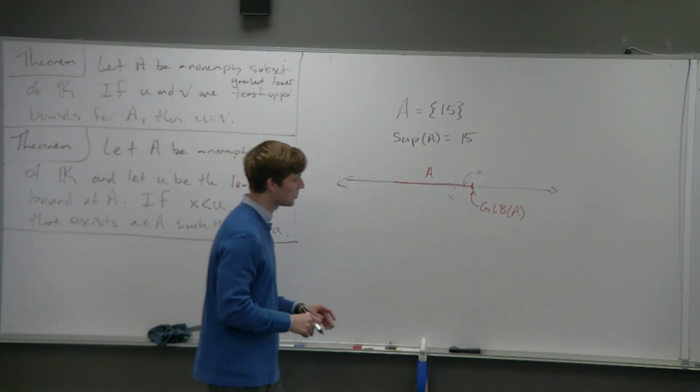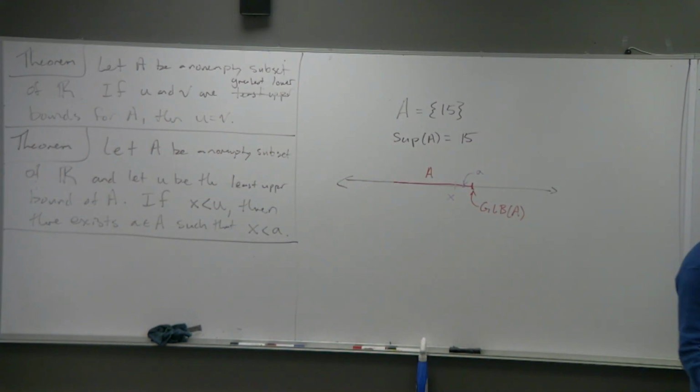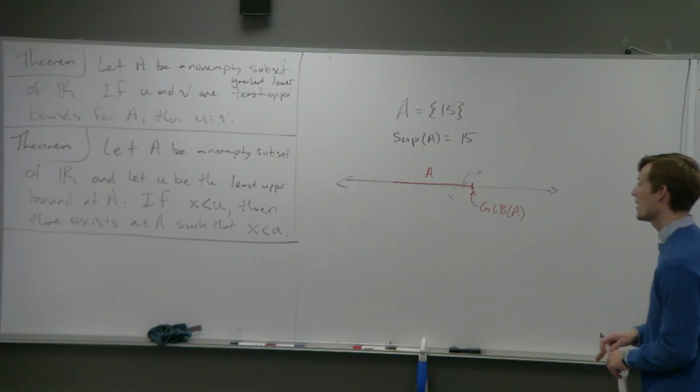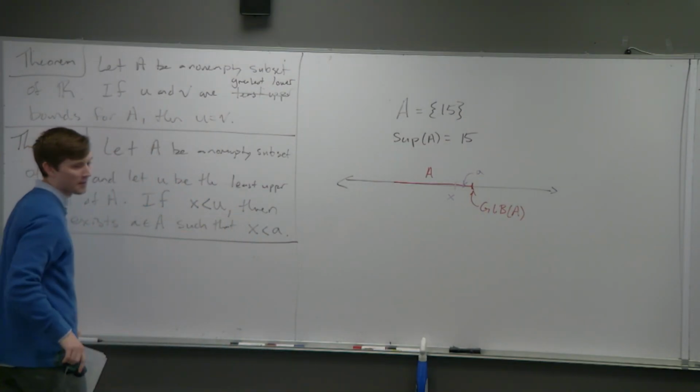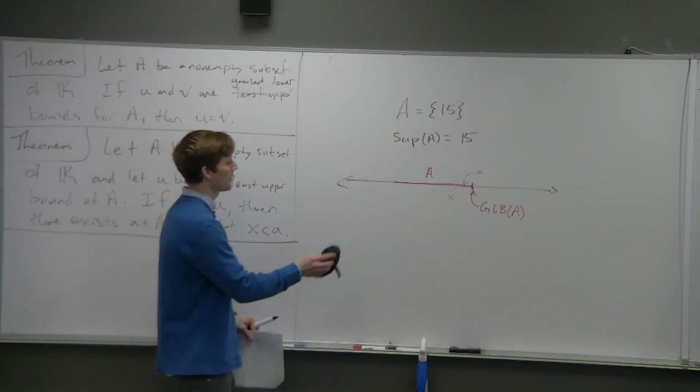Okay. What would you do to start to prove this? How would you get there? Well, we've got a least upper bound. We've got something that's less than u. Okay.